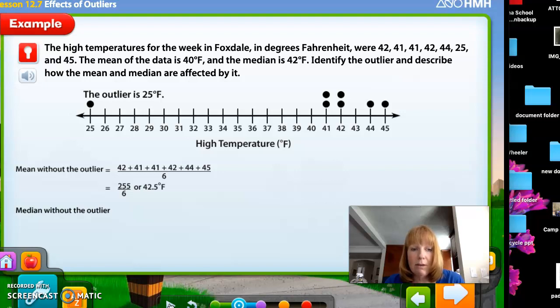The mean without the outlier included is 42.5. Notice above, it says that the mean of the data is 40 degrees when you include the outlier. So what happened to the mean when you included the outlier? The outlier caused the mean to go down because the outlier was far below the other data points.